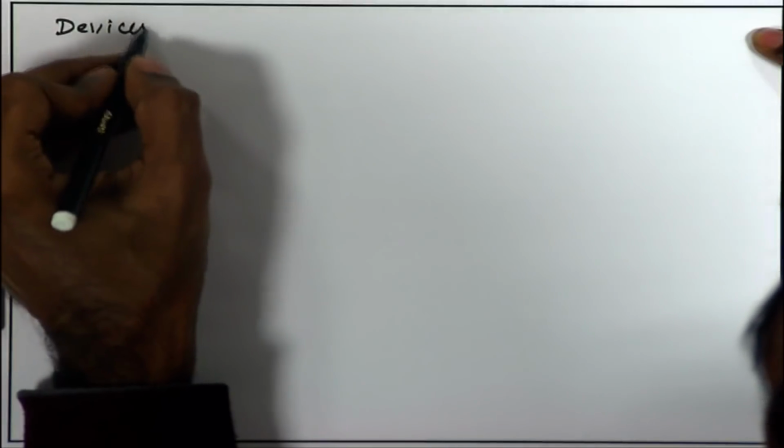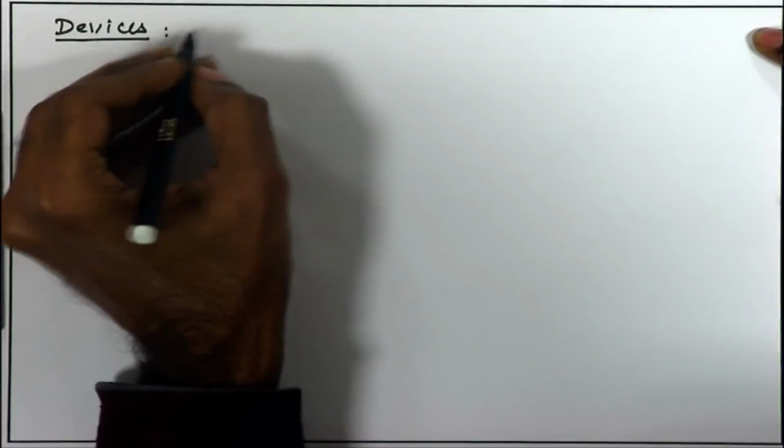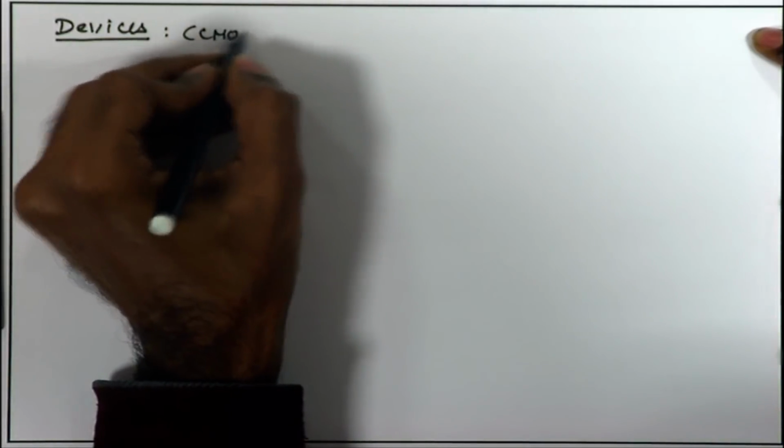If I talk about devices, it essentially means the CMOS technology. As we introduced in the very beginning, CMOS is the key technology which has enabled extensive miniaturization and the combination of analog and digital into mixed signal ICs, where both analog and digital can sit together.